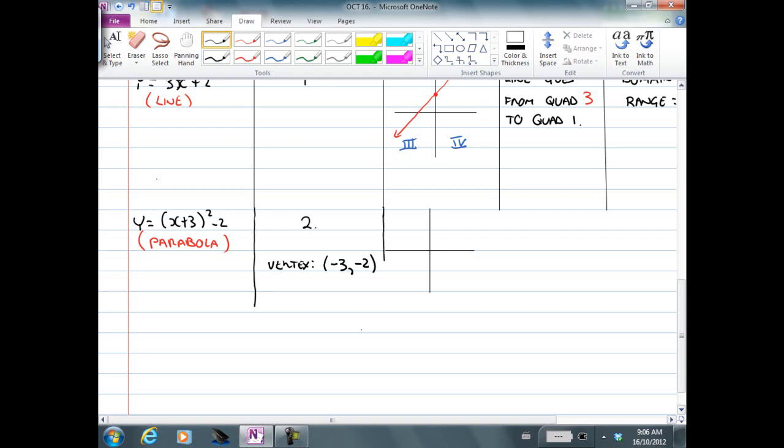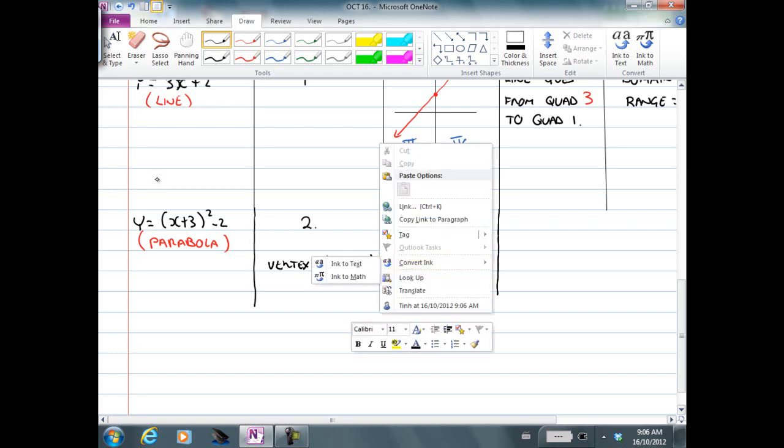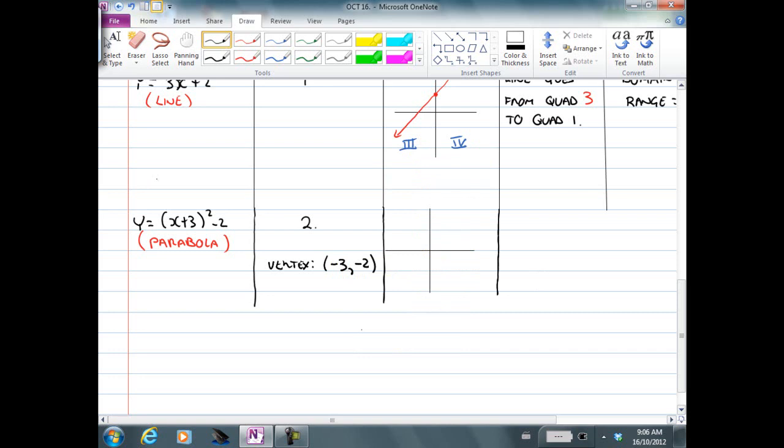You switch the sign in brackets. Yep. Some of you are starting to recall this. Good. So put a dot right here. That's later. So I put a dot right there. My parabola is going up.